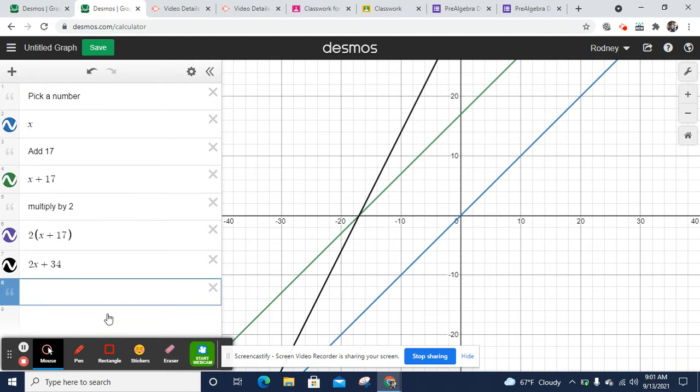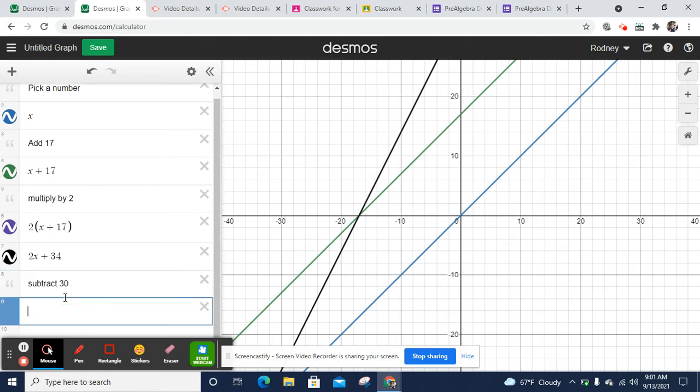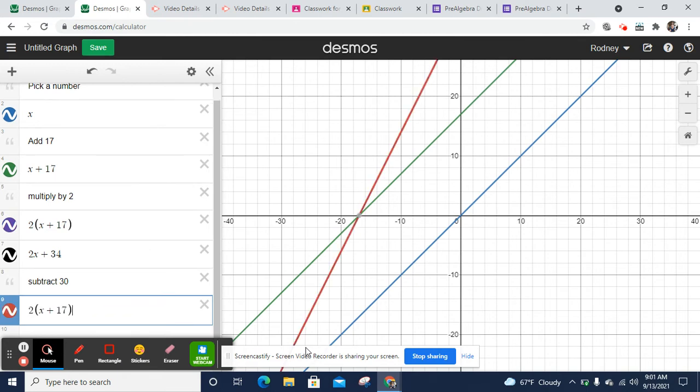Now, the next thing, I'm going to do something to this 34 to make it just a little easier to work with. I'm going to subtract 30. Okay, and that's going to leave me with this. So Control A for select all, Control C for copy, and then go down to this cell and say Control V for paste.